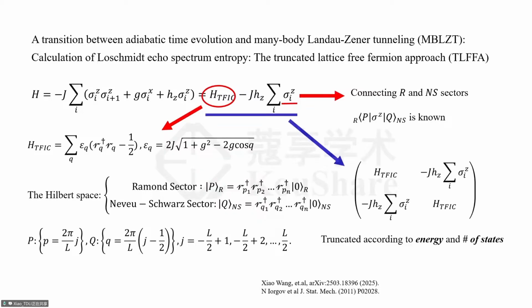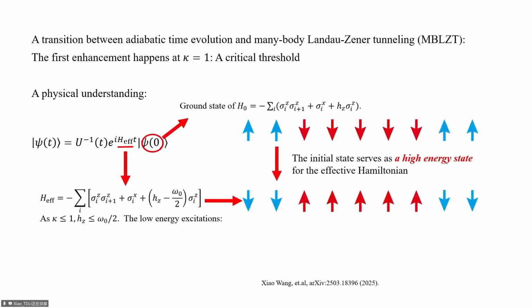If the driving frequency is smaller than omega 0/2, corresponding to kappa smaller than 1, then the eigenstate of this effective Hamiltonian will also have a polarization direction, but this polarization is along the up and down directions. So the effective Hamiltonian has a low sector in the down-direction space.